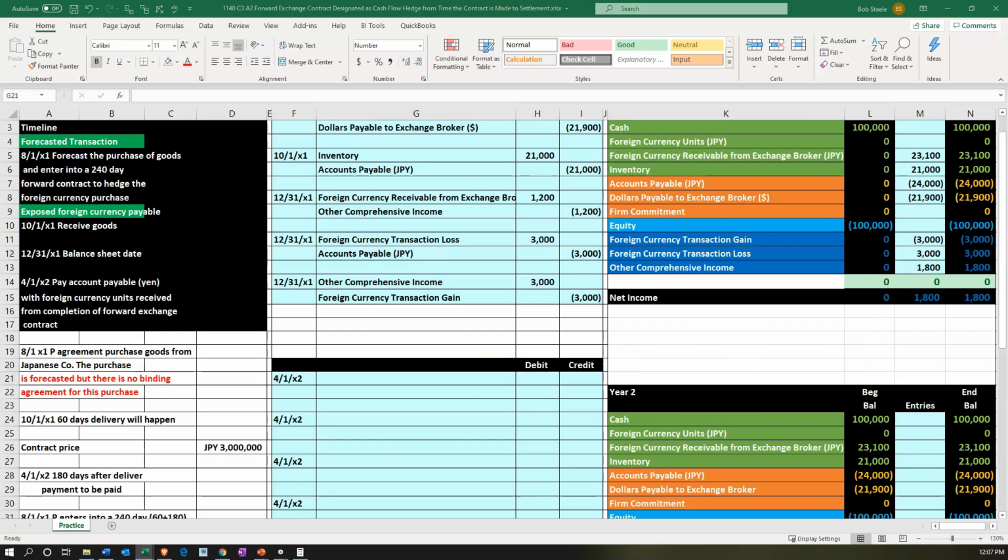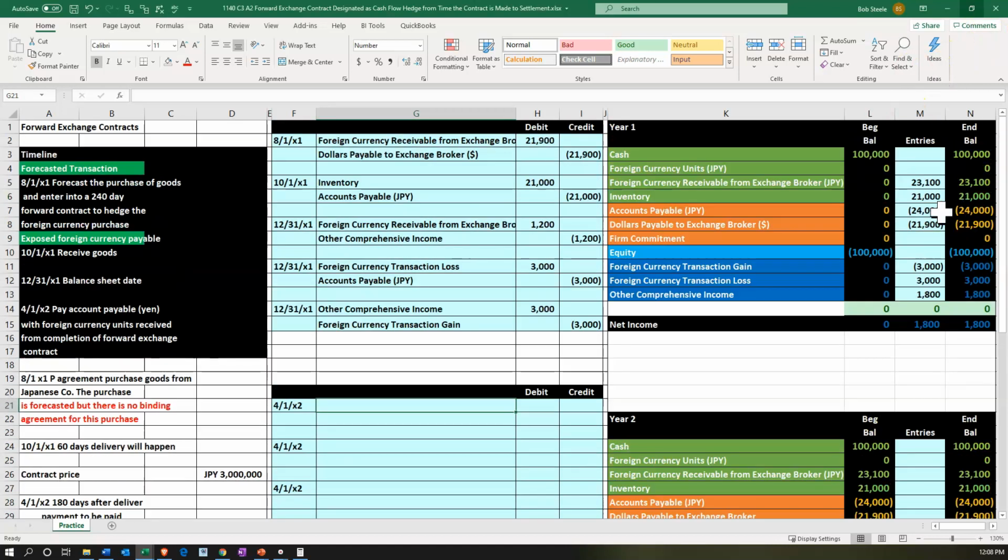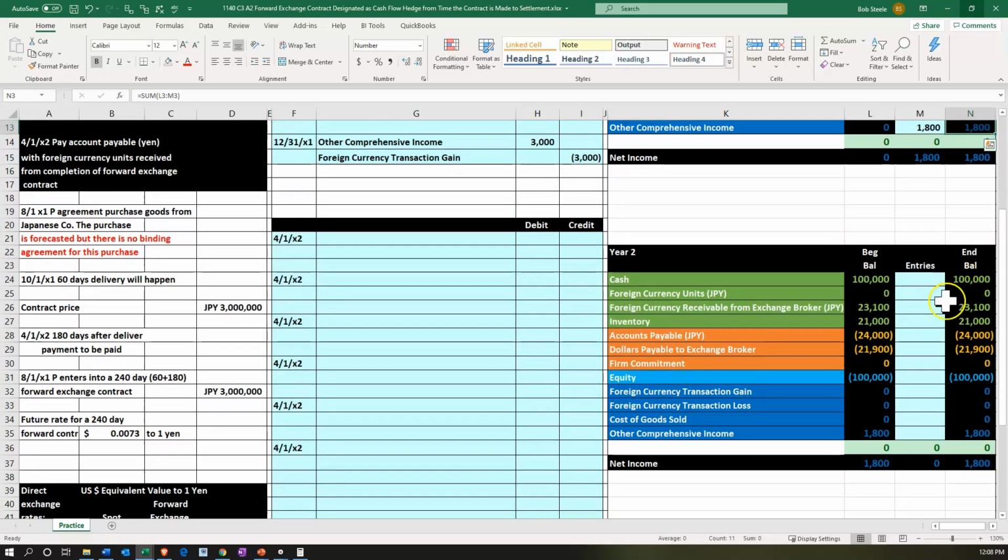Okay, so now we're going to go to the next year because that's when everything is paid off and the forward contract's going to end. All the exciting things happen now. So now here are the ending balances for year one. These are going to be the beginning balances now for year two. And I left out the comprehensive income. I'm going to roll that into equity up top.